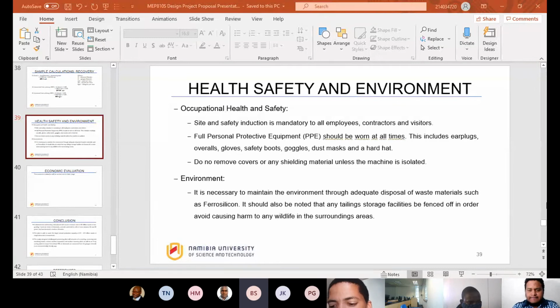But what I wanted to know from anybody from your side is, what's the difference between a flow sheet and a mass balance? Can we go to slide number 24?